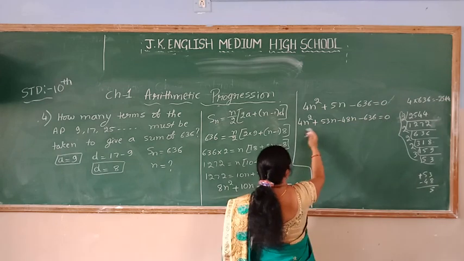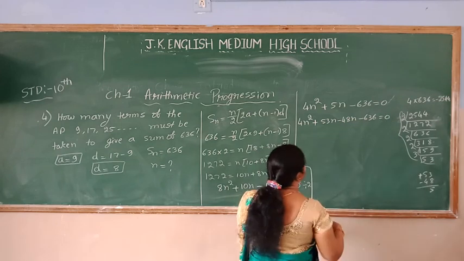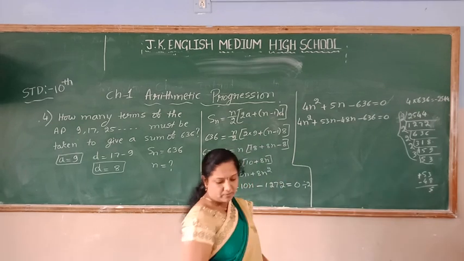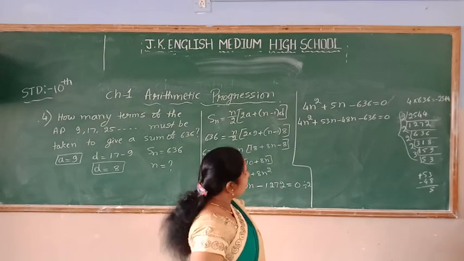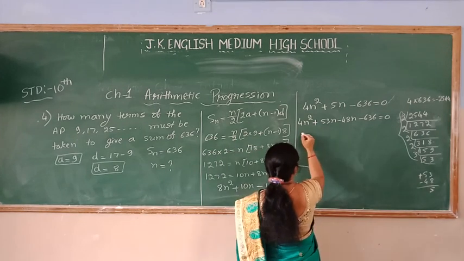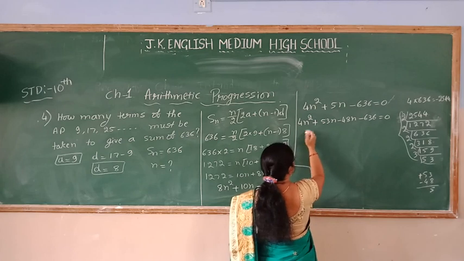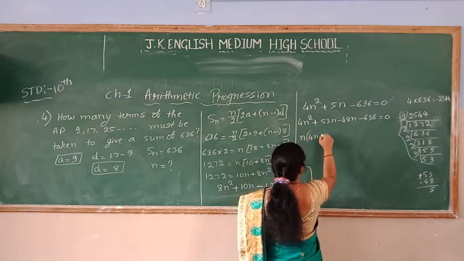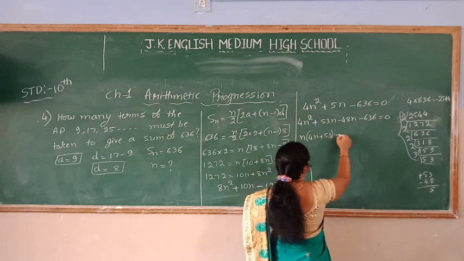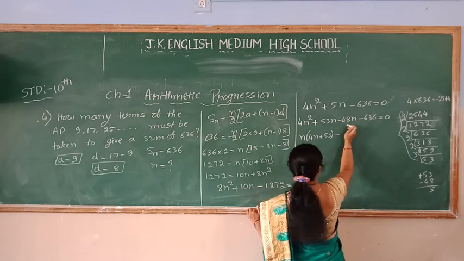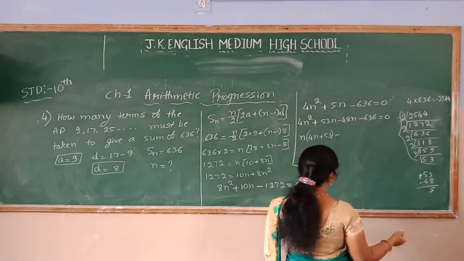So in these two terms now I can take common. Which term can I take as common, just see? 4n. In 4 table 53 cannot come. So if I take n as common, 4n plus 53. Then here take the minus sign common. So then which 4 table does it come in then?